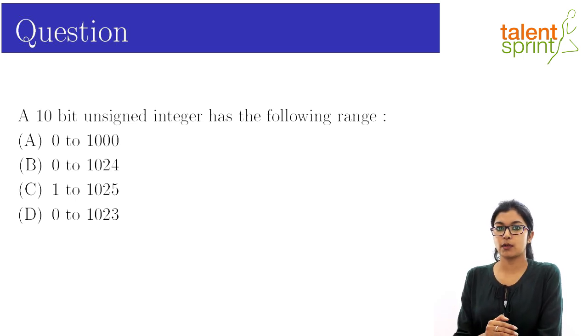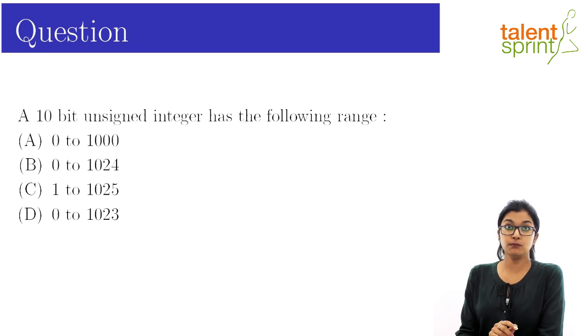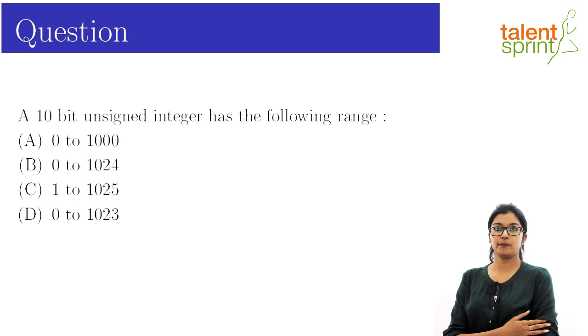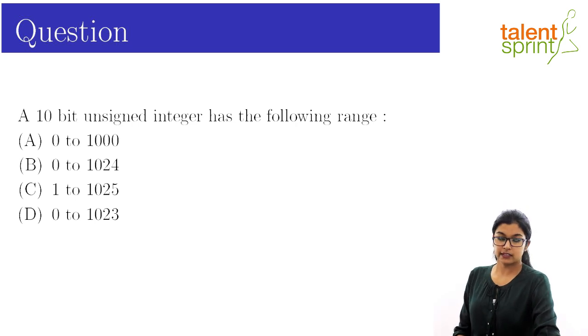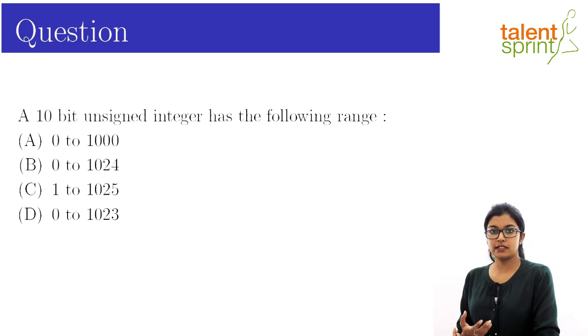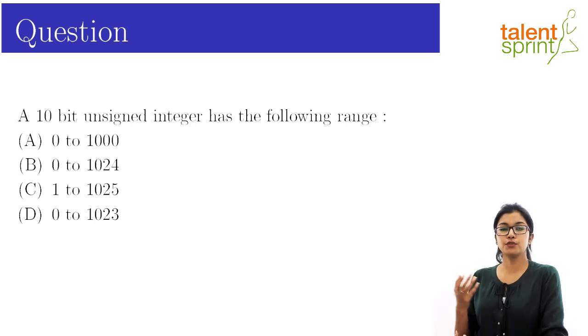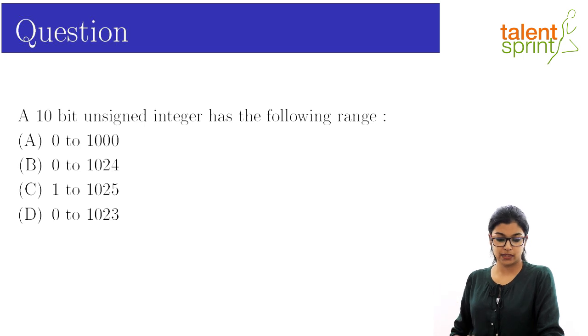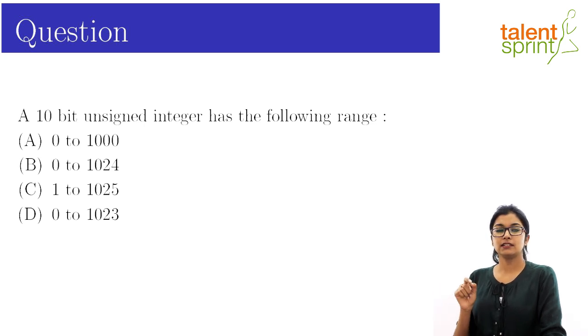Since we have just talked about unsigned integers, this question is in reference to unsigned integers. Then check how many bits we are talking about. The number of bits is 10, and the formula is again the same: 0 to 2 to the power n minus 1.